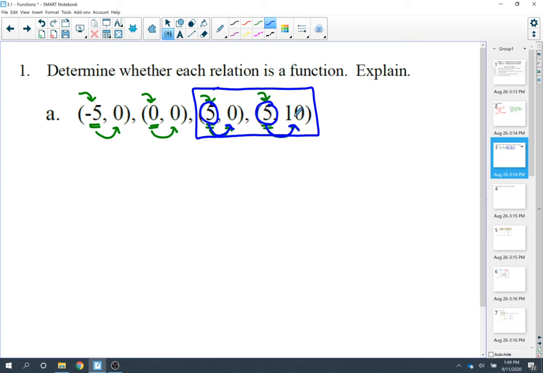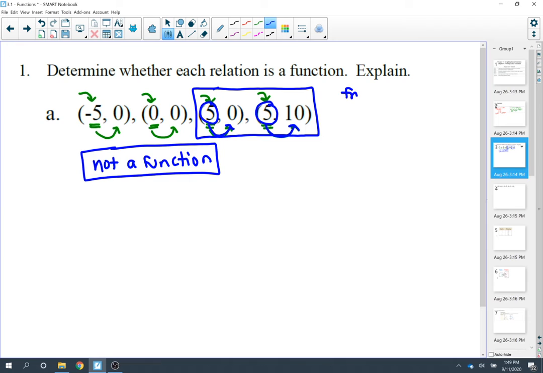It's being paired with two output values, both 10 and 0. So this is not a function. Yes, it is a relation, but it's not a function. This is from a set of points. This is one way we can tell whether something is a function or not.